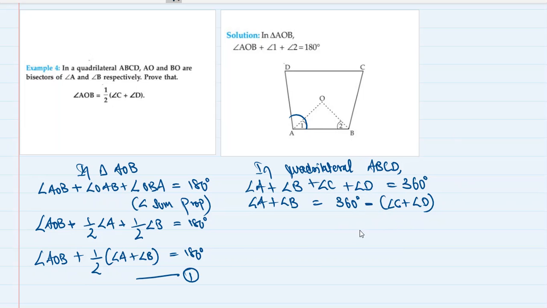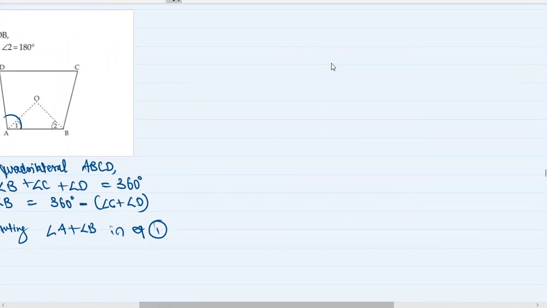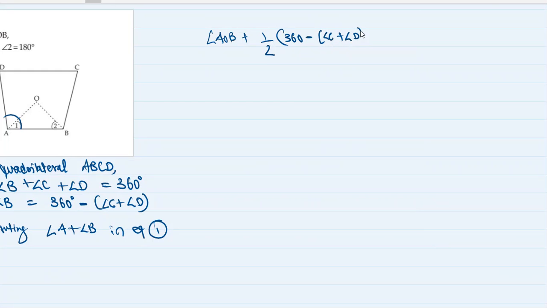So now what we are going to do, we'll substitute the value of angle A plus angle B in equation 1. Okay, so let's substitute and check what is the answer. So angle AOB plus half of, we had angle A plus angle B, which is equal to 360 minus angle C plus angle D, is equal to 180 degree.